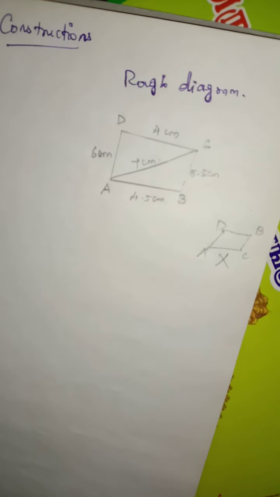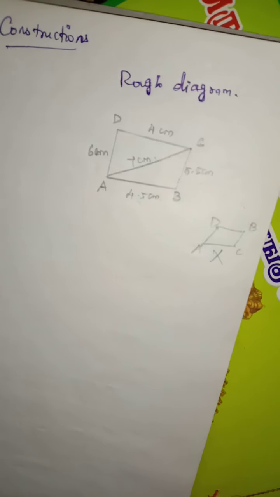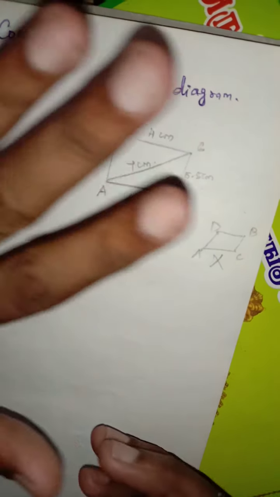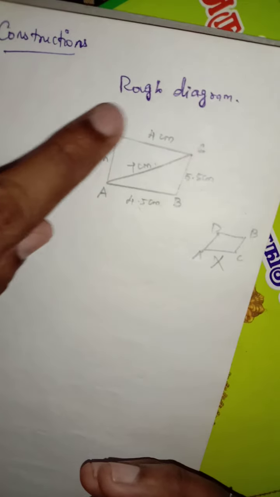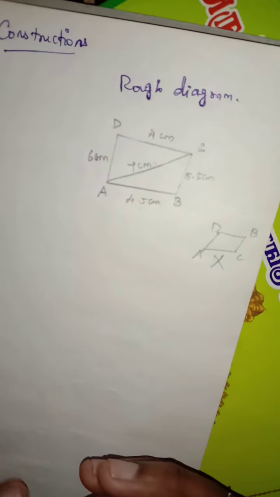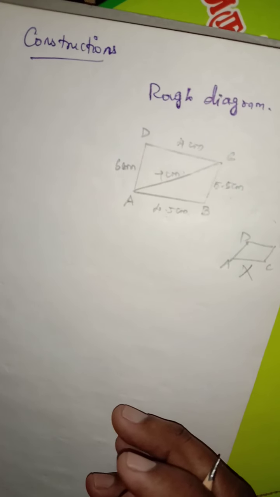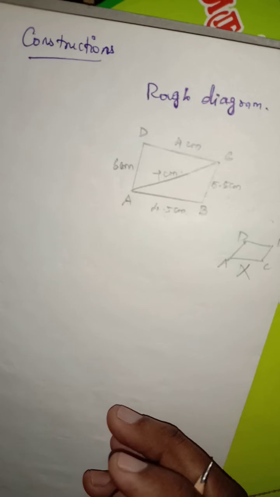To construct a quadrilateral, we definitely need 5 values, either 4 sides and 1 diagonal, or 2 diagonals and 3 sides. So we definitely need at least 1 diagonal to construct a quadrilateral.